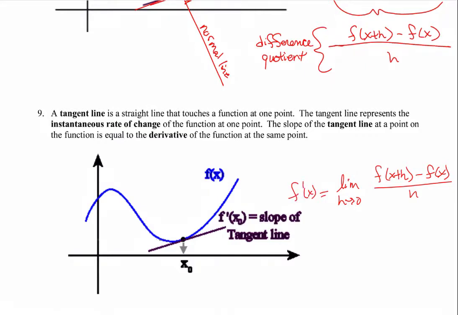And the normal line is simply perpendicular to the tangent line, so you're going to find negative 1 over the slope of the tangent line. And so that's how you're going to find these 3 lines.